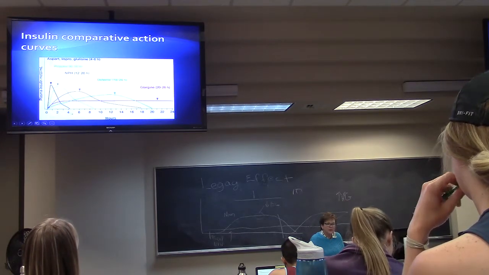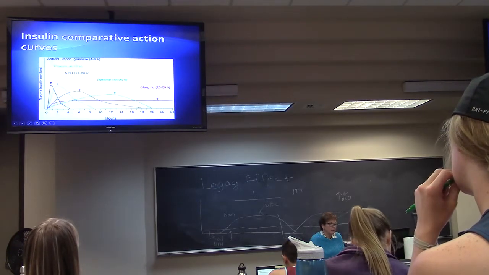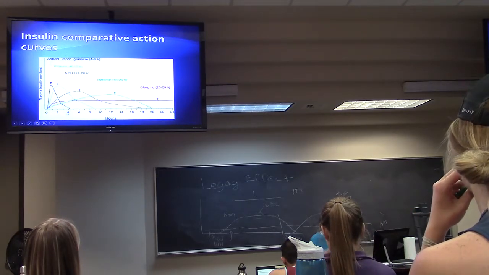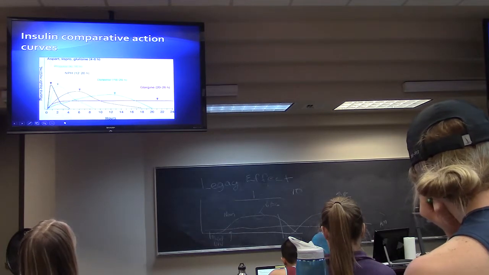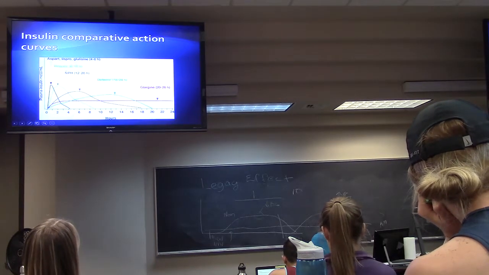The way we look at their decline is that they use up about 20% of that dose every hour. That becomes important later for when we have to redose it. So they're using it up at that rate. Regular, you can see, is a short-acting insulin.